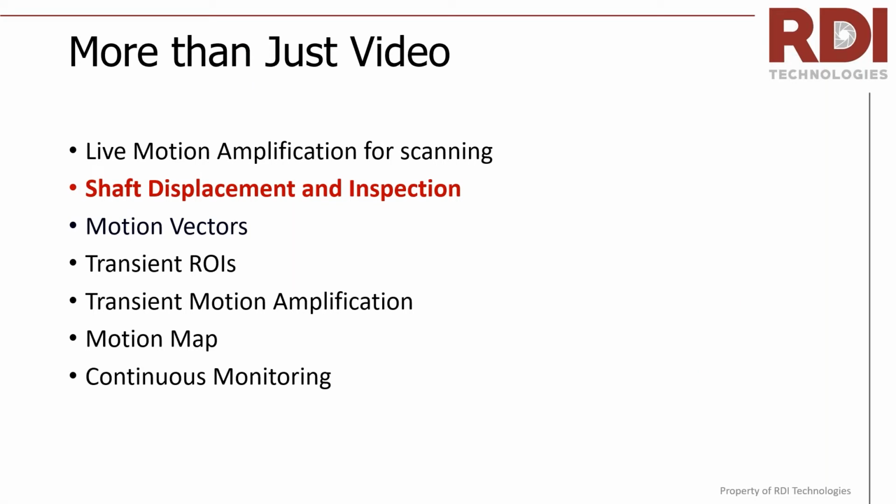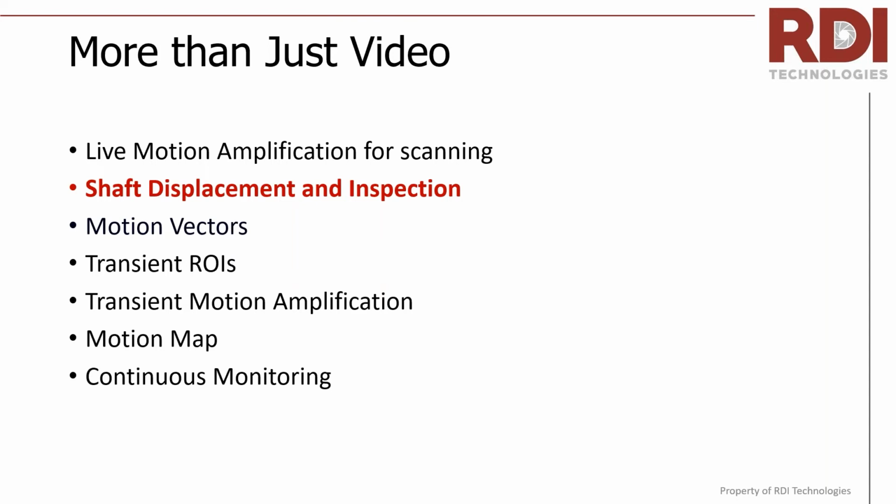What I want to talk about here is using this in a new way, in a way in which you can get at shaft measurements and also inspection, right? So you can utilize a camera to do some things with the couplings and the rotation, to be able to make measurements on the shaft itself.